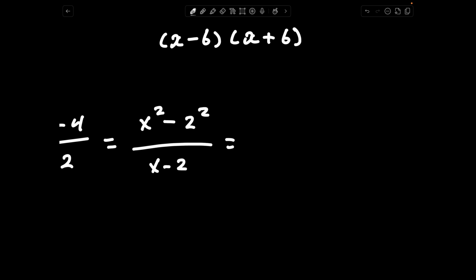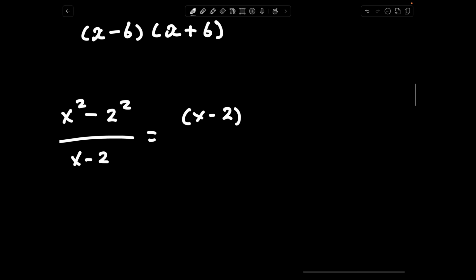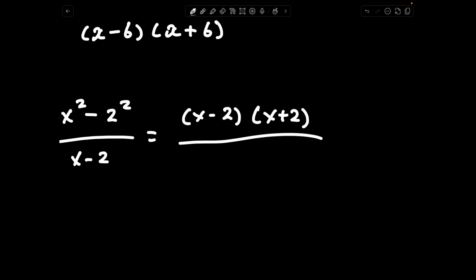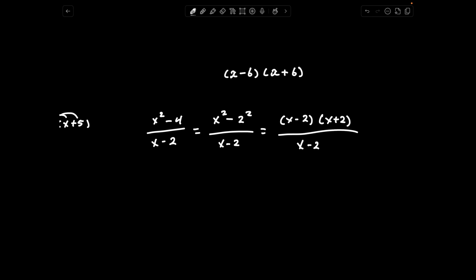This will look like x minus 2, x plus 2, all of that divided by x minus 2. And I'm going to go ahead and stop right there because we can do something really cool with this once we get into limits.